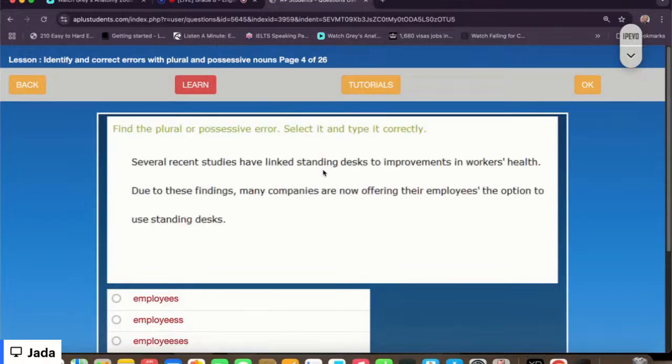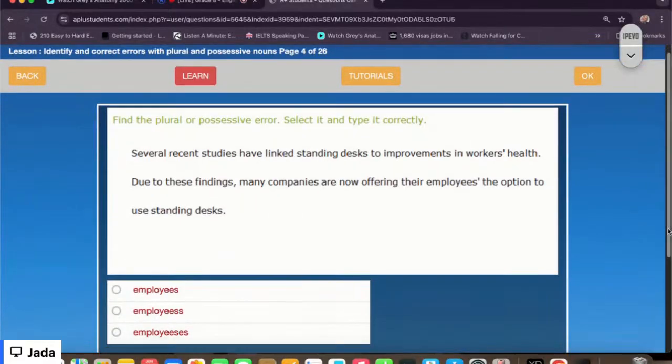Okay, several recent studies have linked standing desks to improvements to workers' health. Due to this finding, many companies are now offering their employees the option to use standing desks.